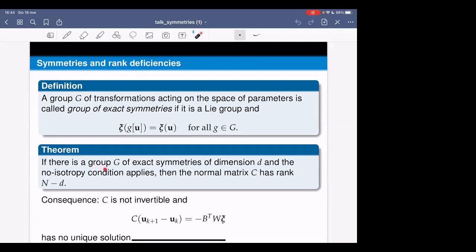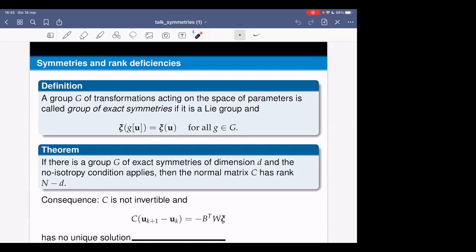It says that if there is a group G of exact symmetries of dimension D, and if there is a technical hypothesis called the no isotropy condition, I'm not going into detail here, then the normal matrix C has rank n minus D, where n is the dimension of the vector of the parameters that we want to determine, and D is the dimension of the group of symmetries.